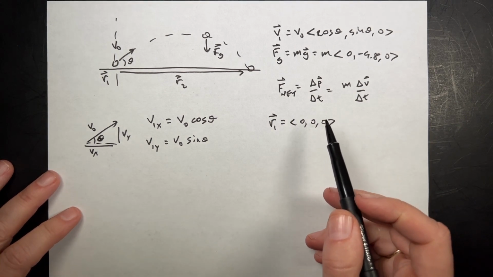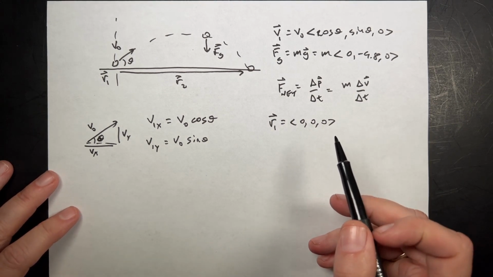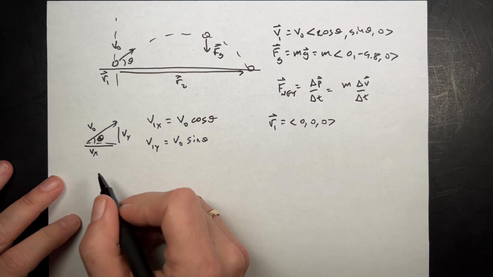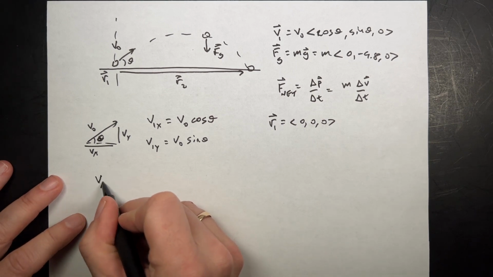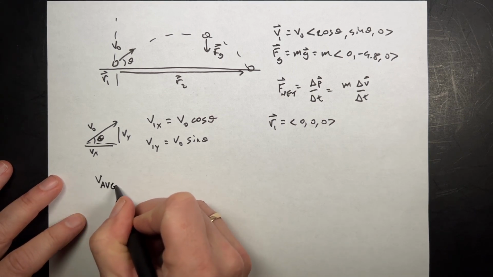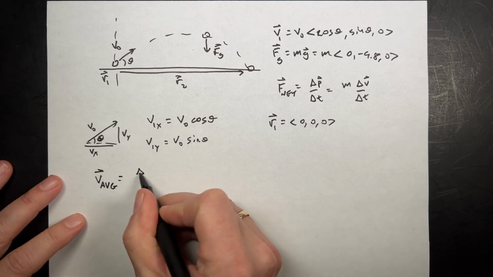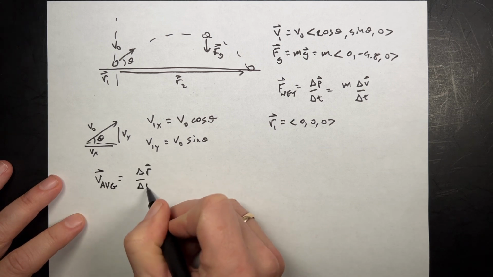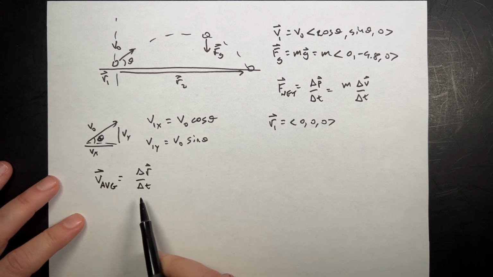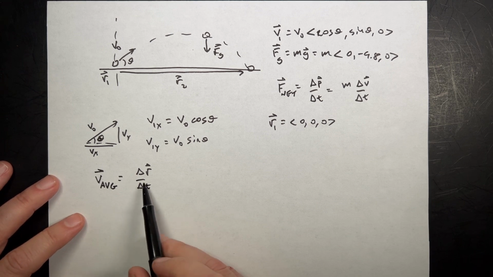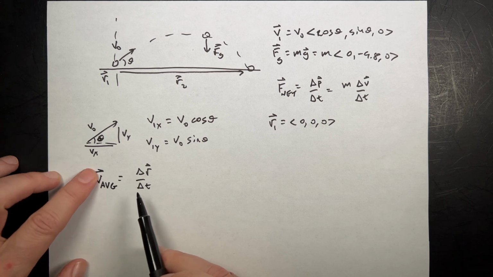Let's start off with something as a vector. I'm going to write the following. Average velocity is the change in vector position over the change in time. That is true. This is how we define average velocity, the rate of change of position as a vector.